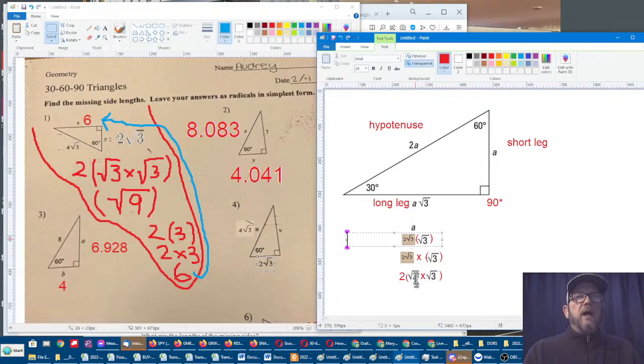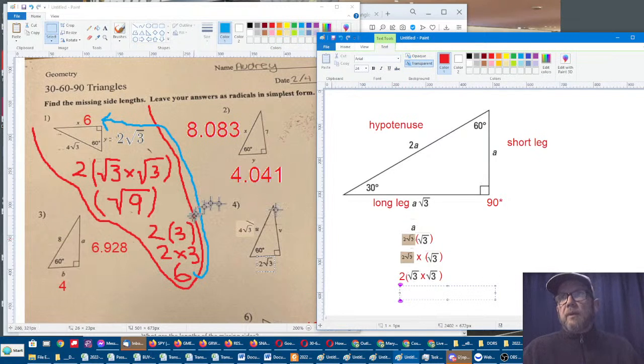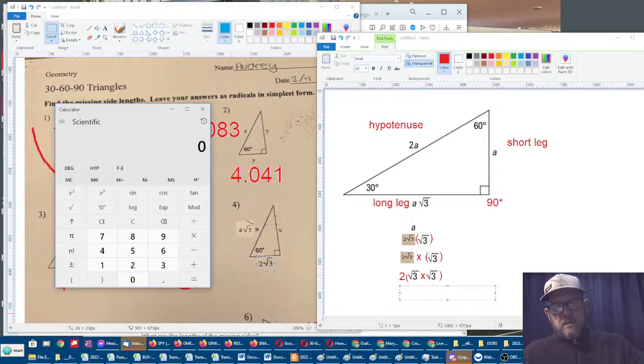So now you've got square root of 3 times square root of 3 equals 9. Remember? Right here, same thing. I just went through that for your number 1. Same process, came up with the 9. And then the square root of 9 is 3.